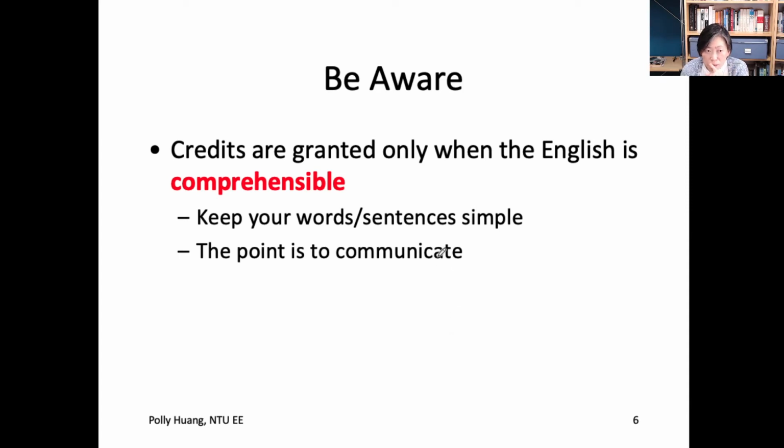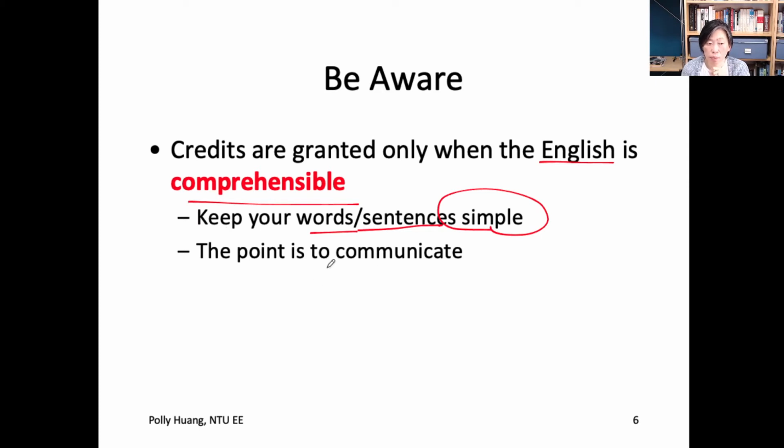Now, just be careful. For the assignments you turn in and exam solutions you turn in, it needs to be in English, and it needs to be comprehensible English. A couple of rules of thumb: keep your words or sentences very simple.